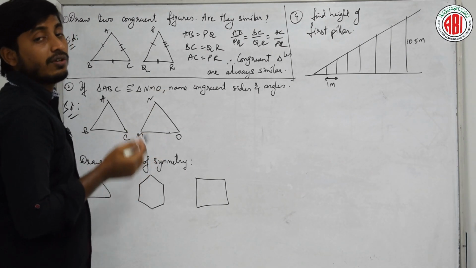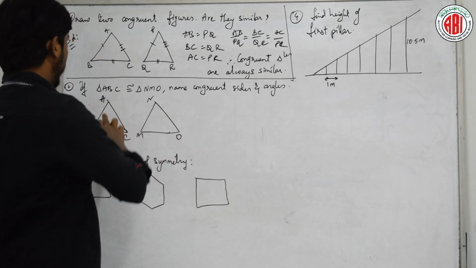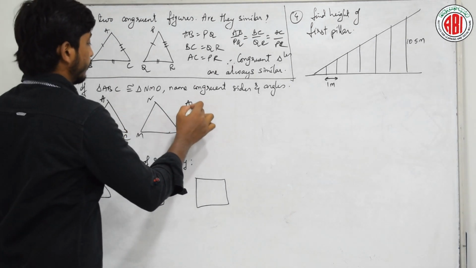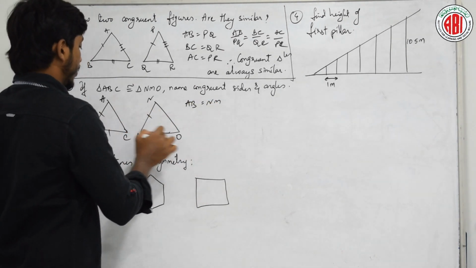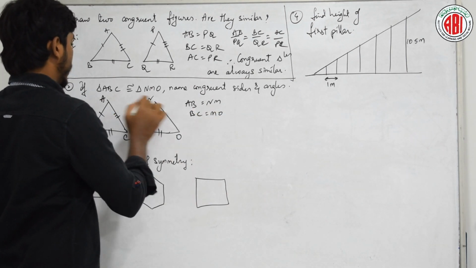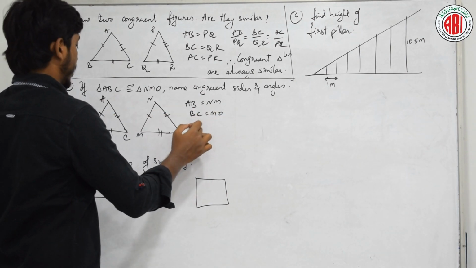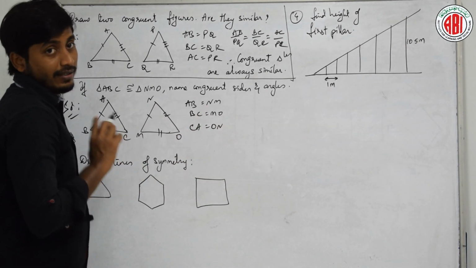Then he is asking us to tell the congruent sides and angles. AB is equal to NM, and the next BC is equal to MO, and AC, or else CA, is equal to ON. Just try to maintain this order.